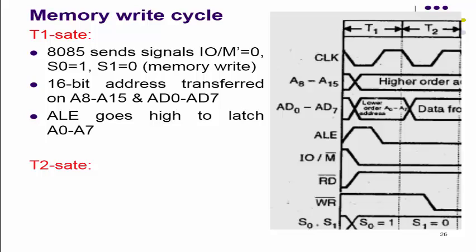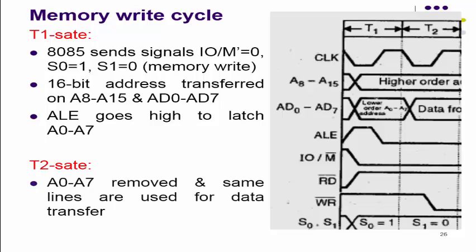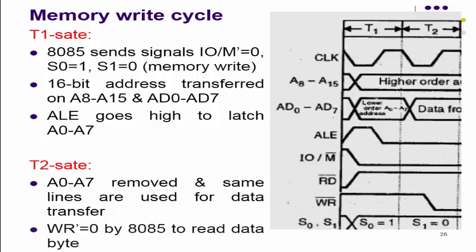Then in the second T state, T2 state, the A0 to A7 address signals get removed and the same lines are used for data transfer, that is the data from the 8085 microprocessor to the memory IC. And then the control signal WR bar is made low by the processor to write a data byte in the memory.